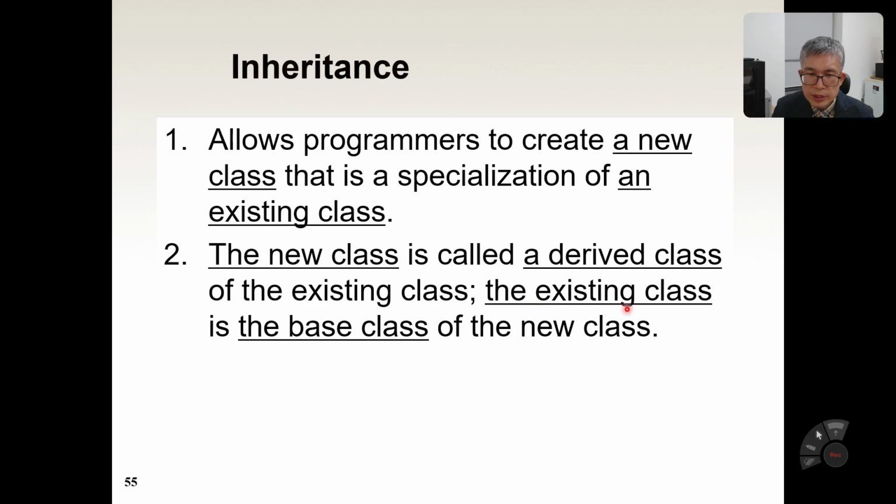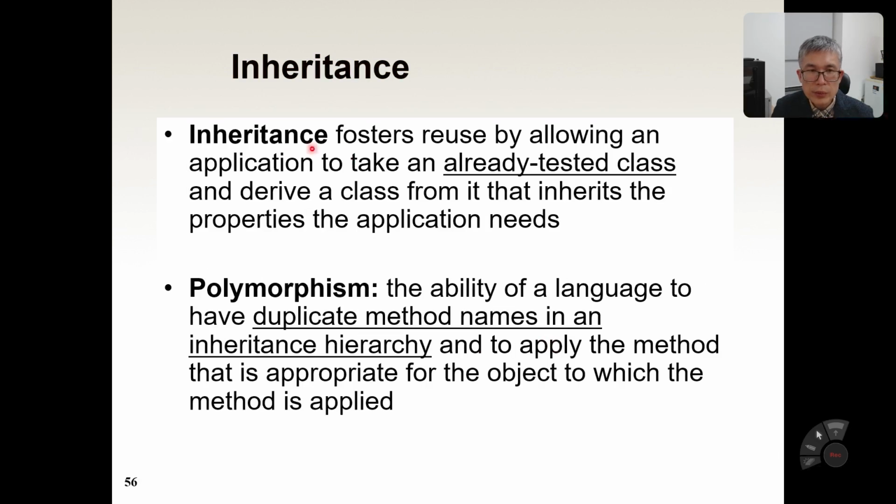The existing class is called the base class of the new class. So inheritance fosters reuse of code by allowing an application to take an already tested class, as I mentioned before, and derive a class from it that inherits the properties and member variables the application needs.